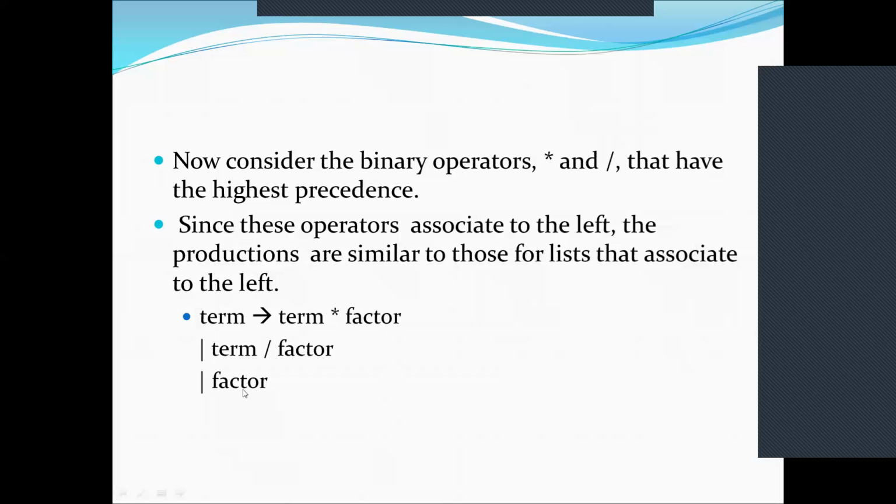Like if you remember, the list can have list plus digit, list minus digit, or simply digit. In a similar way, it can have term star factor, term slash factor, or simply term is a factor. This is the rule for production formation for the operators star and slash, which have the highest precedence.